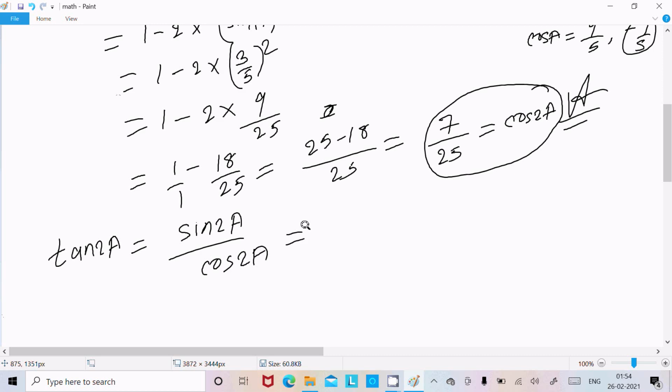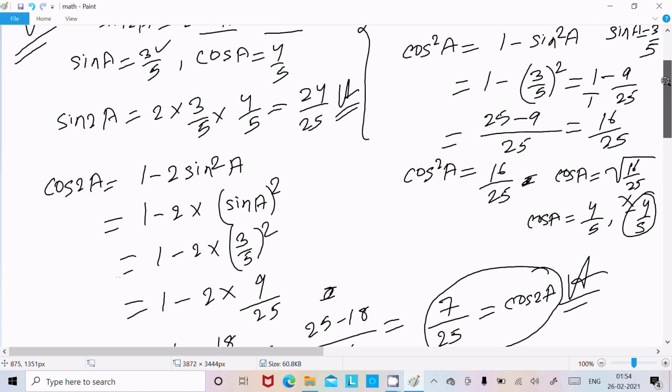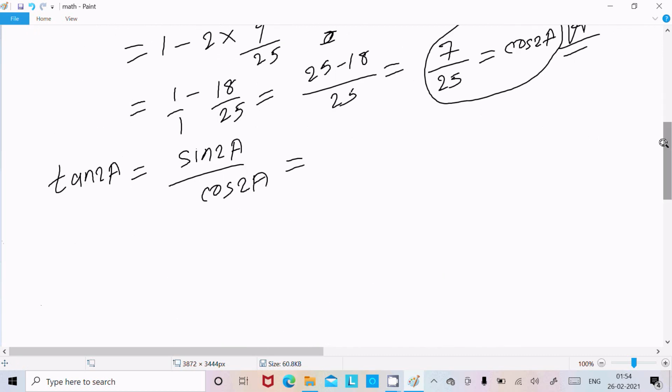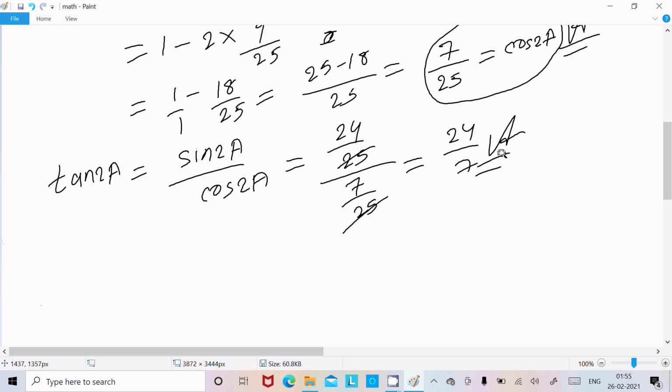So sin 2A value that I calculated 24 by 25, and cos 2A the value calculated 7 by 25. So this 25 cancels, the value is 24 by 7. So this is the answer.